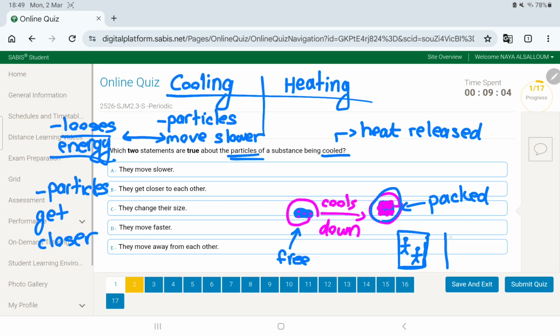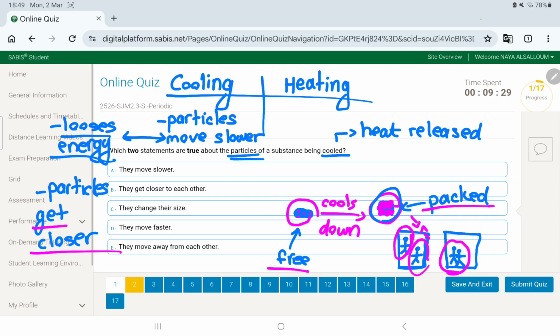Now they're placed in the same room, but they're squeezed to each other. Like they're really squeezed, right? You noticed here, they're far apart. Here, they're closer. So what do you think happened? The two people, they moved a bit closer to each other, right? So from being free to being packed, they get closer.